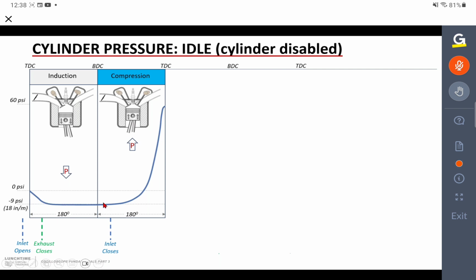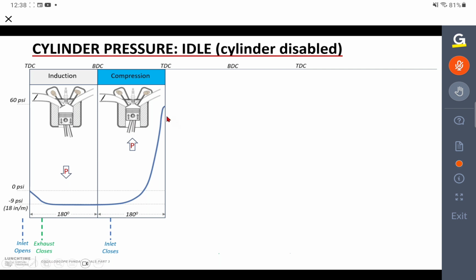And just after the end of the induction stroke, the inlet valve closes, the piston starts to rise, and therefore the pressure in the cylinder will start to build up, and it will build up and up and up until we hit this sort of peak. And this could be our 60, 70, 80, 90 psi if we're cranking.